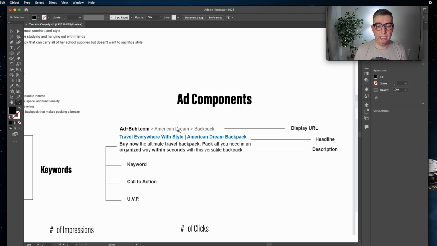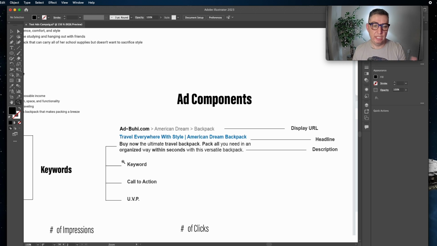So what I typed on the display URL was American Dream, which is the product line, and secondly I put backpack, so she knows that she will be taken to the American Dream line and specifically the backpack. Here you can be more specific and focus on a specific interest, objective or usage of that product.